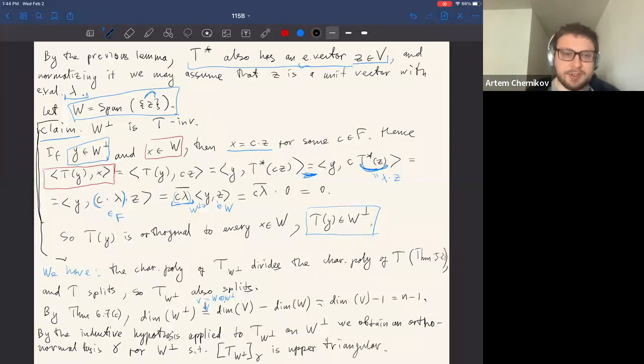Since it's a smaller dimensional subspace, I could apply the inductive hypothesis to get such a basis gamma with this condition.